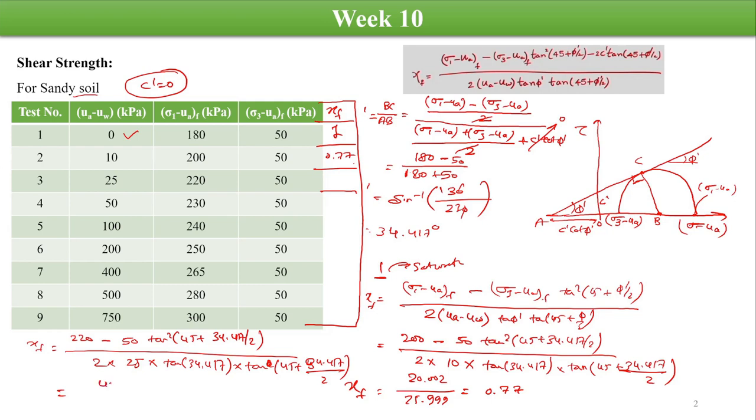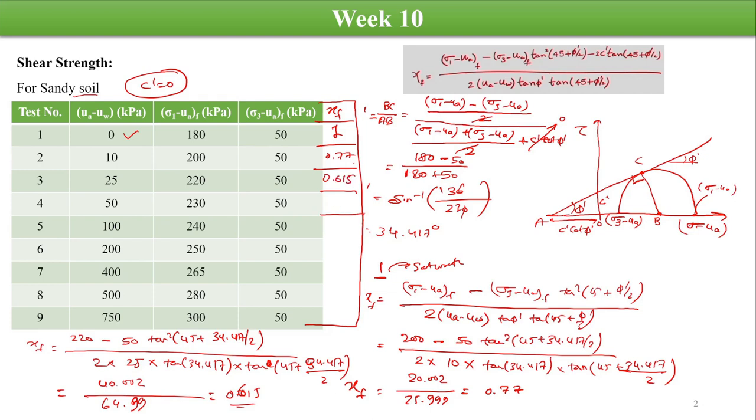So 220 minus 50 into tan square 45 plus 34.417 divided by 2 comes to 40.002, which is divided by 2 into 25 into tan of 34.417 into tan of 45 plus 34.417 divided by 2, that is 64.99. So if we calculate, that will become 0.615. So for the third test, the value will become 0.615.